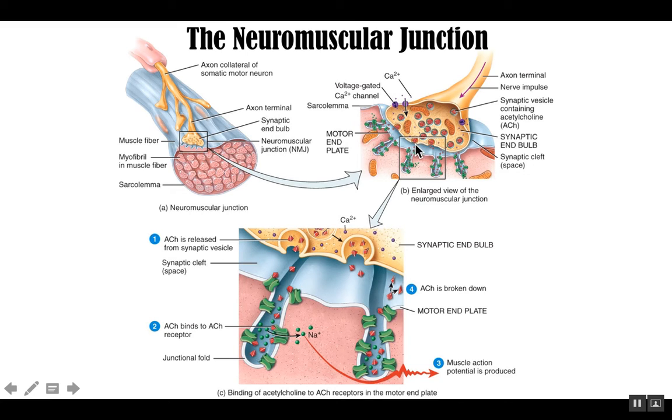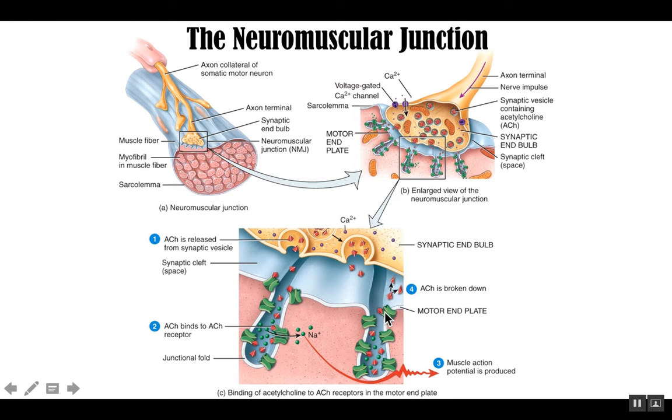The neurotransmitter, shown here as these small little red pyramids, so we can enlarge that view and see the little acetylcholine molecules getting released from the neuron by exocytosis. They're going to diffuse across the synaptic cleft and attach to acetylcholine receptors, which are located on the skeletal muscle cell.